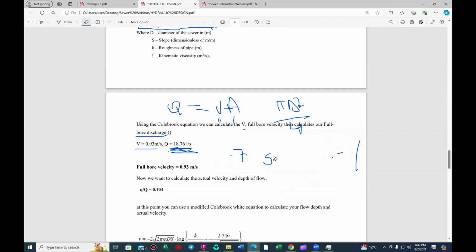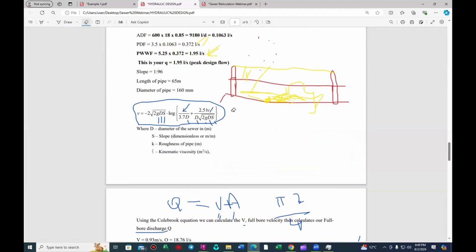So if this pipe is flowing at full capacity, it will be flowing at a discharge of 18 liters per second. That's fast, that's a lot of energy right there, right? The capacity of this pipe at full bore is 18 liters per second.